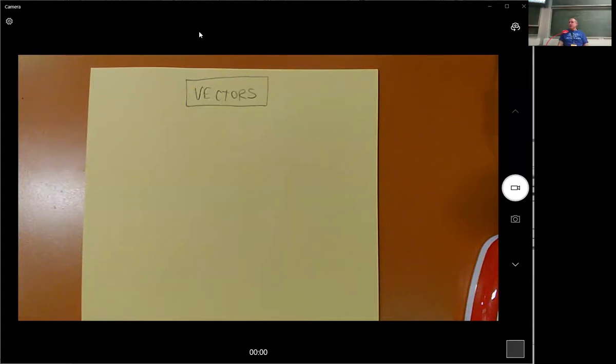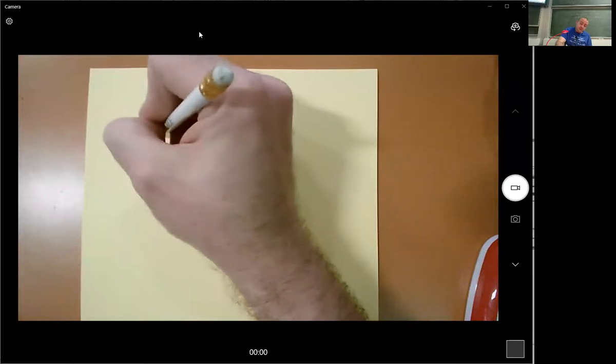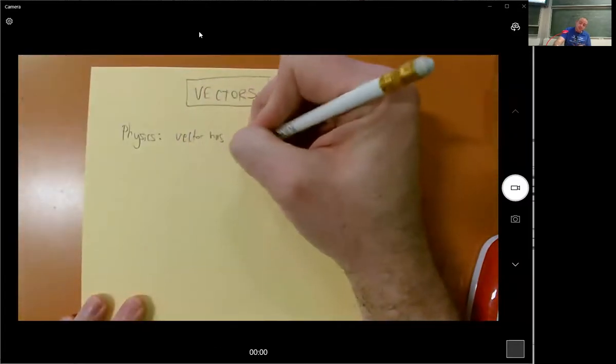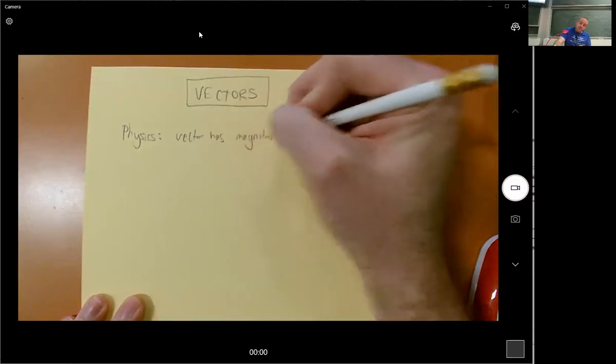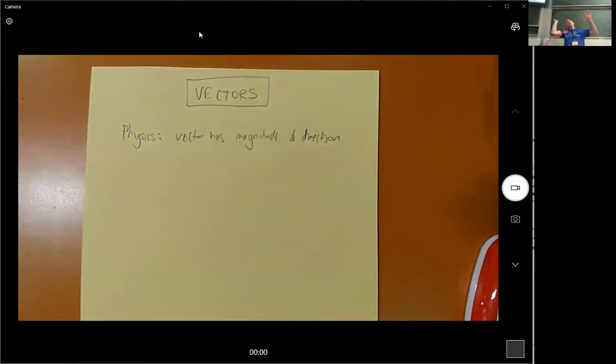So vectors have two lives. From a physics point of view, a vector is a quantity with a magnitude and a direction. That's what it is in physics. It's like forces and displacement, and momentum, and lots of things.